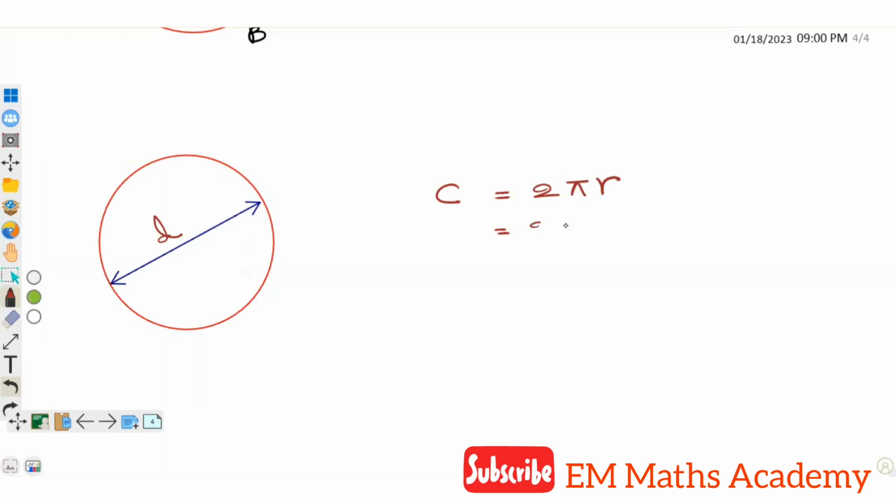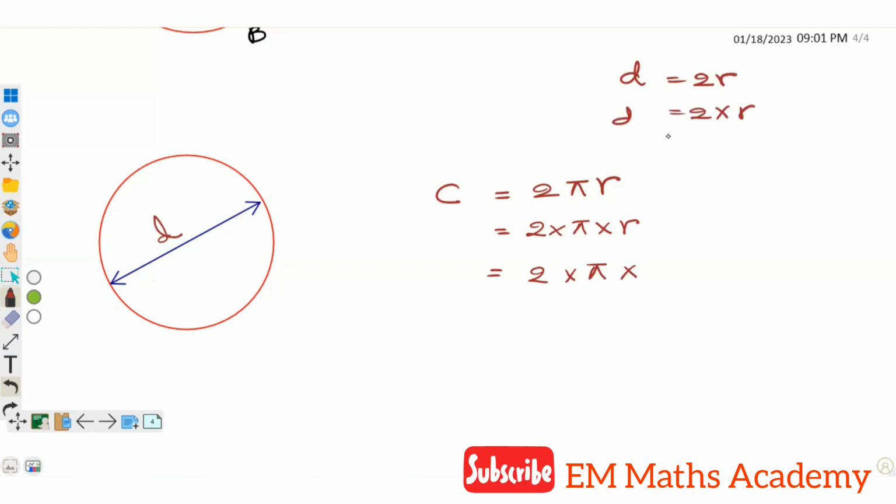Now we know that when we have written 2 algebraic symbols together, in between them it is multiplication. Radius. Now we can substitute R. We know that D is equal to 2R.